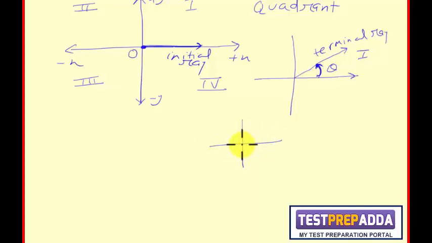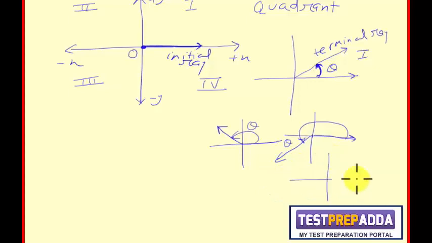If the terminal ray is in the second quadrant, then you need to rotate the initial ray this much. Obviously, the angle will lie in the second quadrant. If the terminal ray is in the third quadrant, then you have to rotate the initial ray this much, and that is why the angle will lie in the third quadrant.